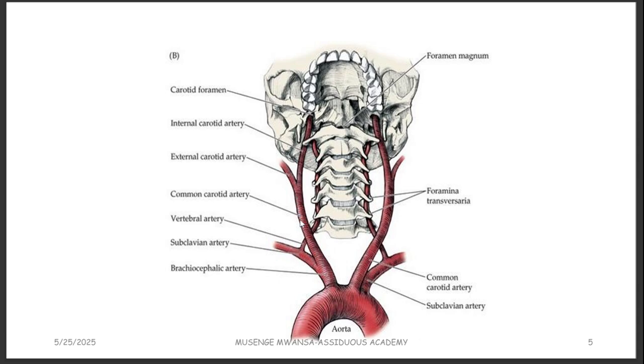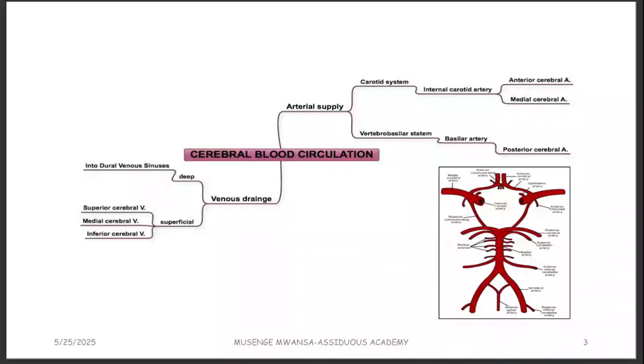The common carotid is remaining. Common carotid will bifurcate into the internal carotid and the external carotid. The internal carotid is the one that will end up going to supply the anterior part. So the internal carotid will give you the anterior cerebral artery and also the middle cerebral.